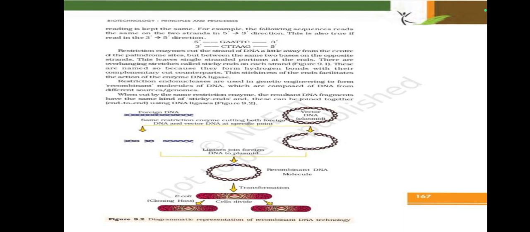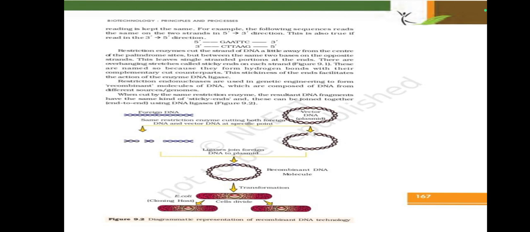Restriction endonucleases are used in genetic engineering to form recombinant molecules of DNA, which are composed of DNA from different sources. When cut by the same restriction enzymes, the resultant DNA fragments have the same kind of sticky ends, and these can be joined together end to end using DNA ligases.